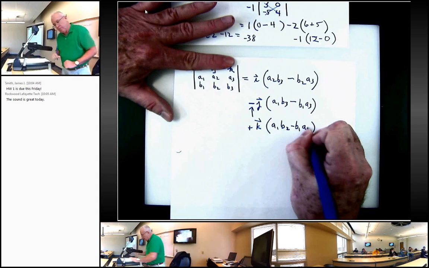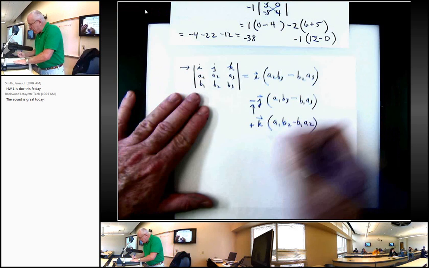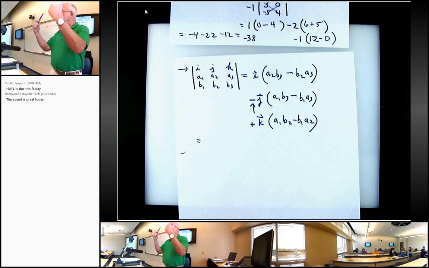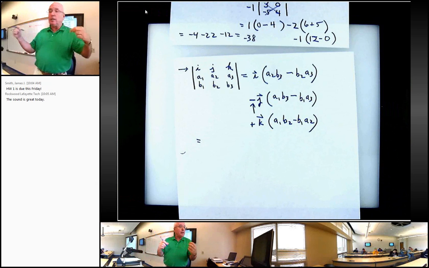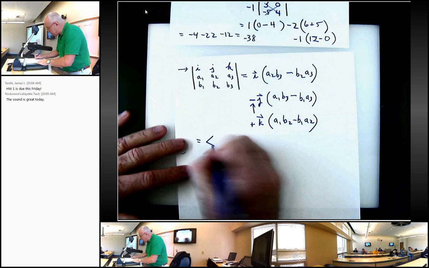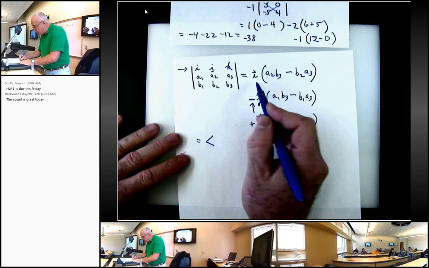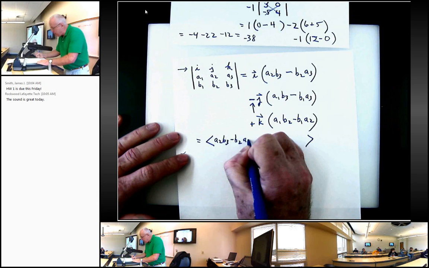All right. So what this really is then is looking at it in terms of I, J, and K. But we know we can also write a vector just looking at the components with these angle brackets. So our first component then is A2B3 minus B2A3, comma.